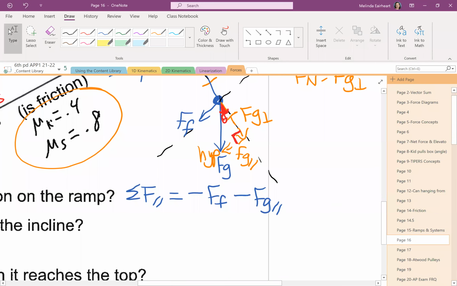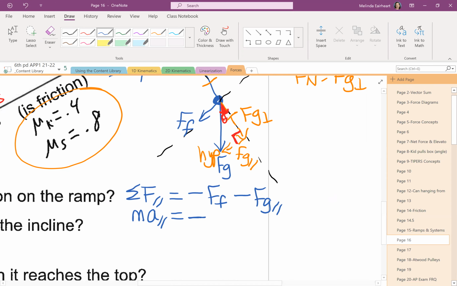All right, here we go. Cue the vocal cords. F net equals. Okay. And so we have ma, and I'm just adding the parallel just to note it's special, equals a negative. What can we plug in for frictional force?